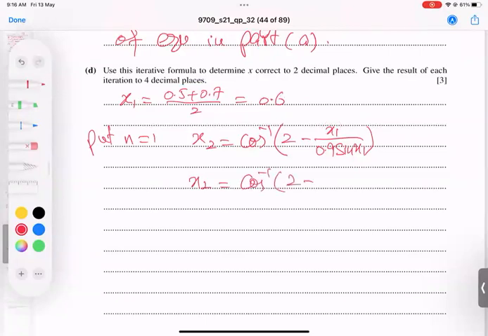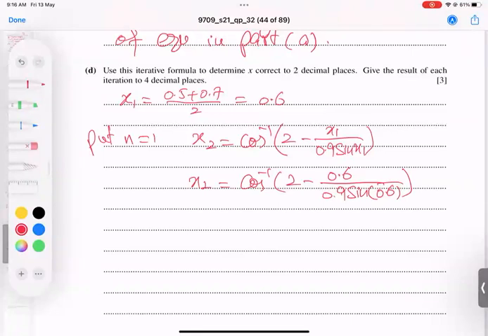So 2 minus 0.6 over 0.9 sine 0.6. So let's type in the calculator. Cos inverse of 2 minus fraction 0.6 over 0.9 times 2 sine 0.6. And so I'm getting the answer 0.61. No, 4 dp.